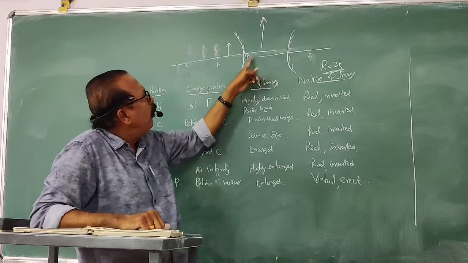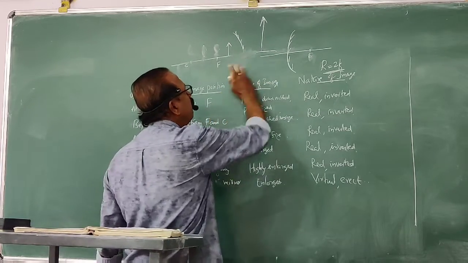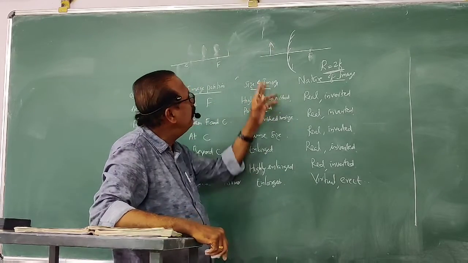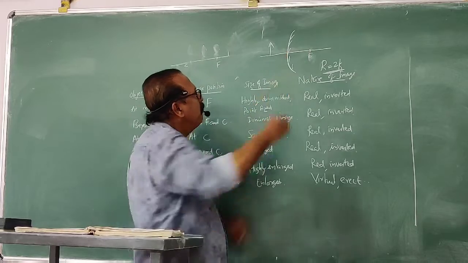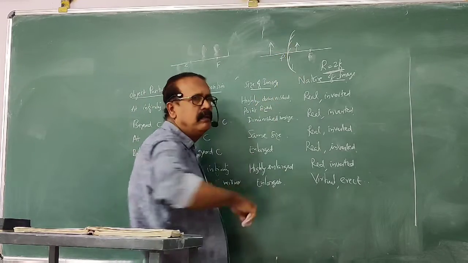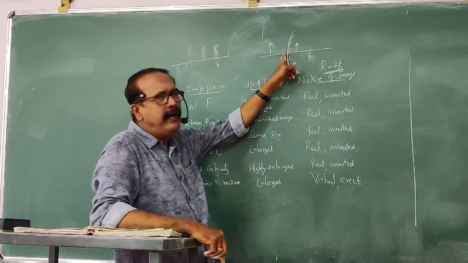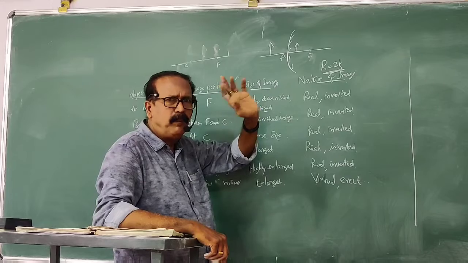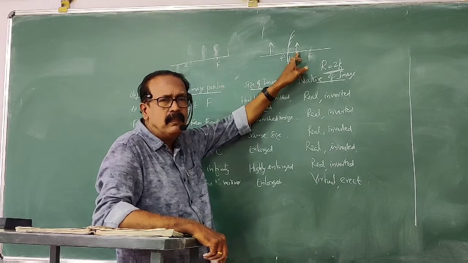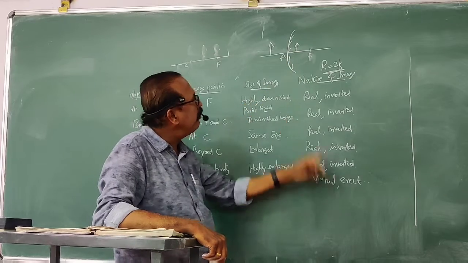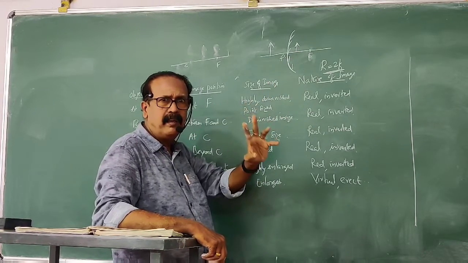Now, for a convex mirror, object anywhere else, there are only two positions. If you keep an object anywhere, not at infinity, you will get an image between focus and pole. The image will be diminished, not point size, and it is always virtual and erect.